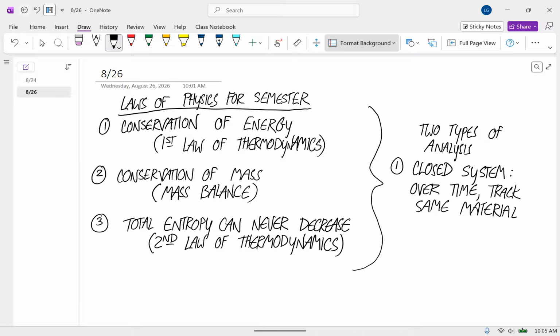There's a different type of analysis that's often useful for fluids. And by fluids, I mean liquids and gases. Those are both fluids. And that is a control volume analysis. In a control volume analysis, over time, you're tracking the same space, but different material is flowing through it all the time.